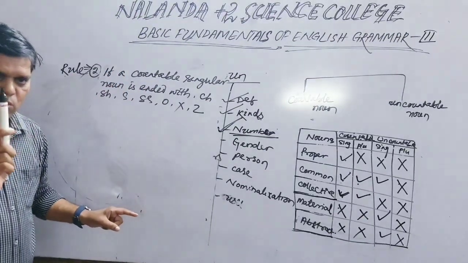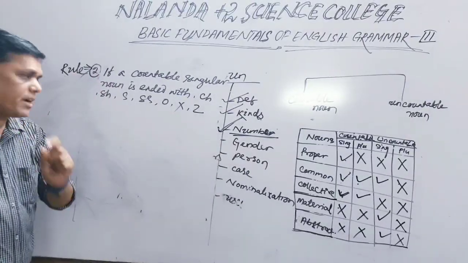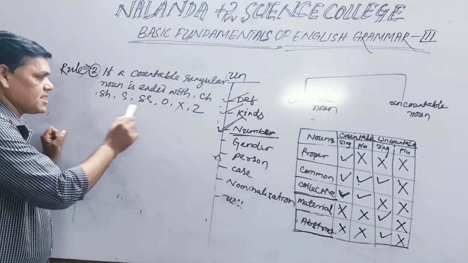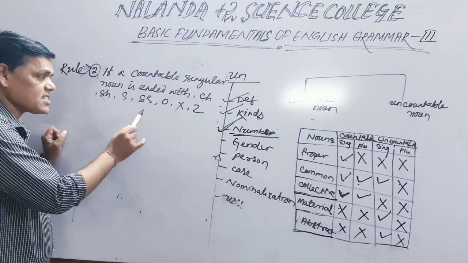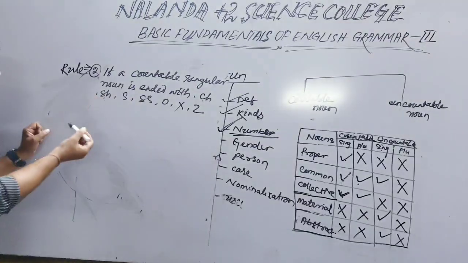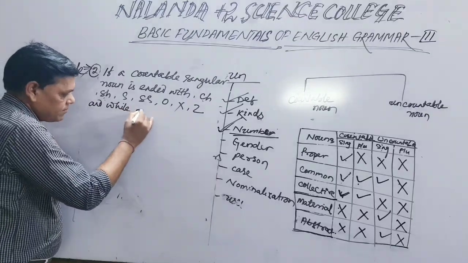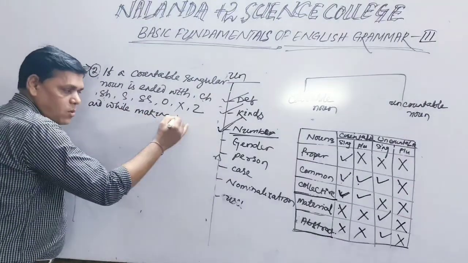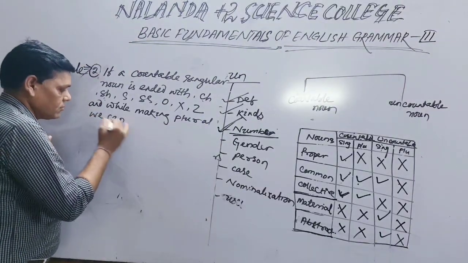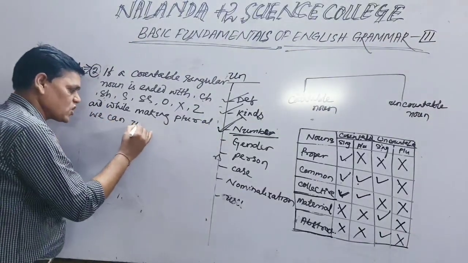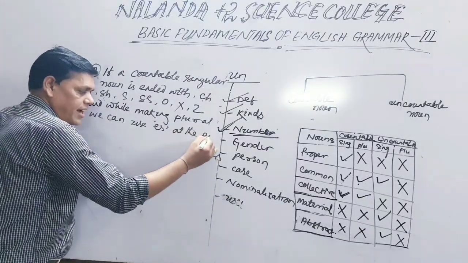That noun should be countable, we can count that, and that should be singular, one by number. If the word is ended with ch, sh, s, ss, o, x, z, while making it plural, we use es at the end of the word.